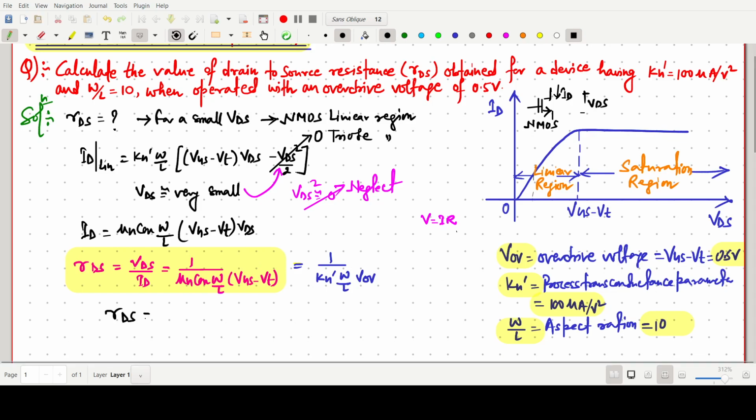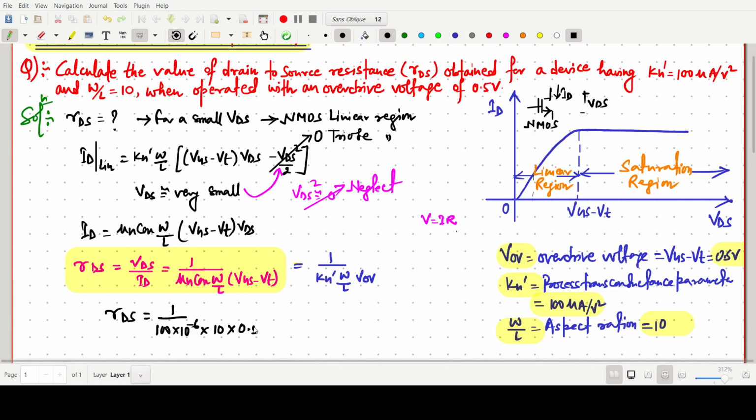RDS can be written as 1 by K'n, so 100 into 10 to the power minus 6, into W by L 10, into VOV 0.5 volt.